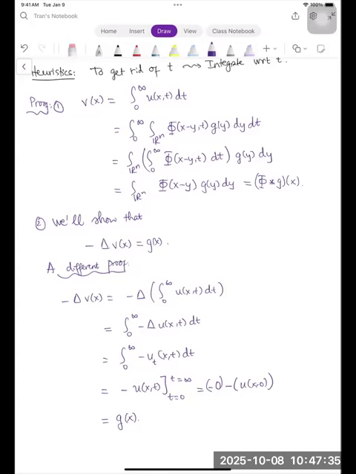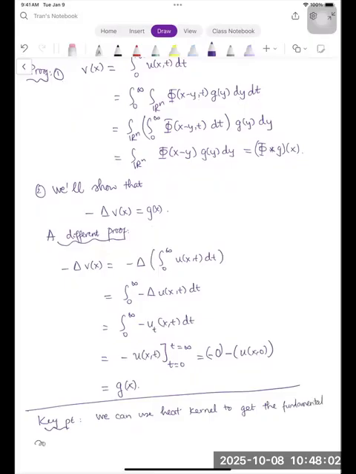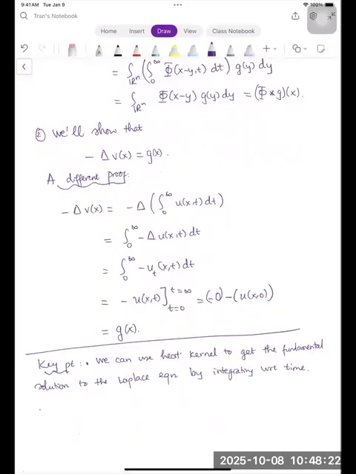This is very interesting to me because the key point that I want to make is that we can use the heat kernel to get the fundamental solution to the Laplace equation by integrating with respect to time.